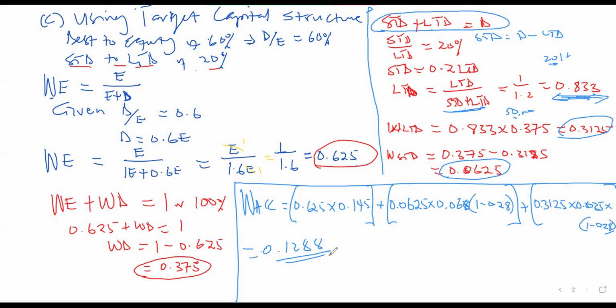Most often, estimations are done based on historical data. So you just go to your books and find out in the past, what has our debt to equity ratio looked like? What has our capital structure looked like in the past?